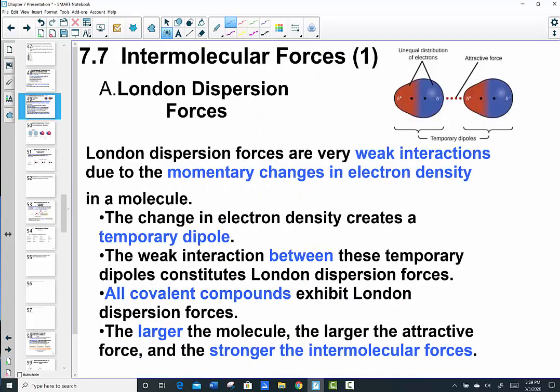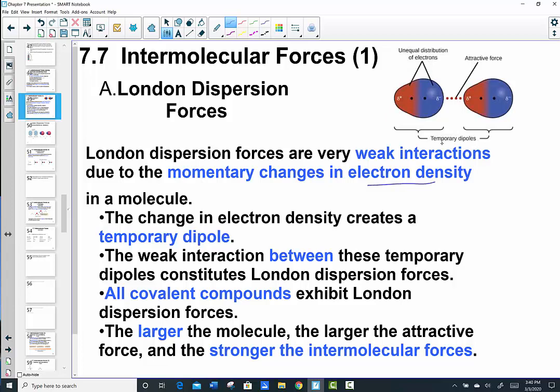Let's look at the London dispersion force first, or just simply call it a dispersion force. We're going to define these dispersion forces as very weak interactions just based on being close to one another in a moment in time. When two molecules are close to one another, they may interact in terms of their electron density.